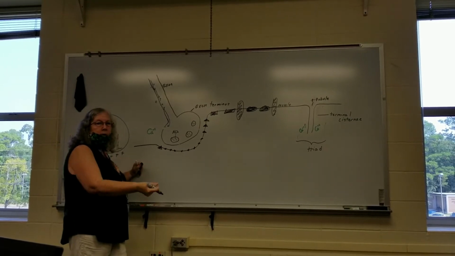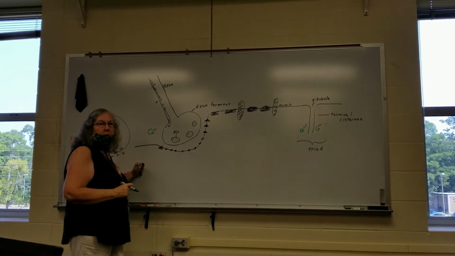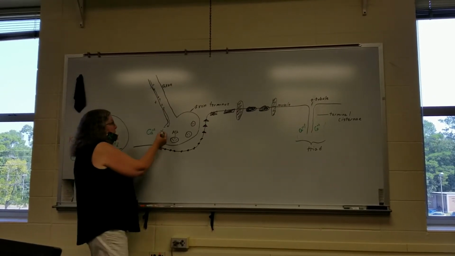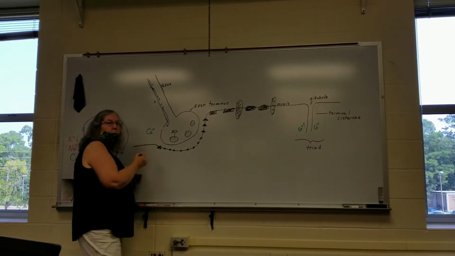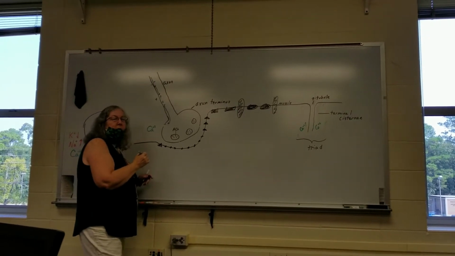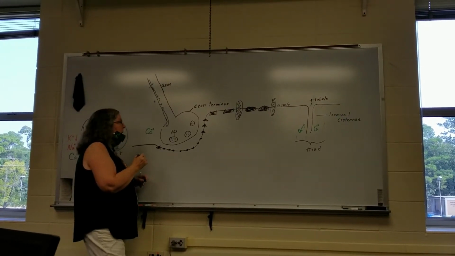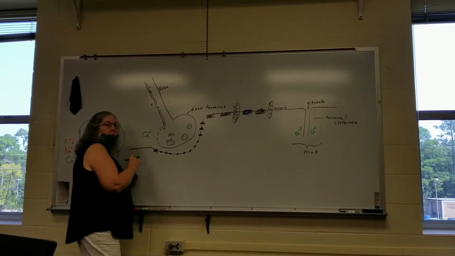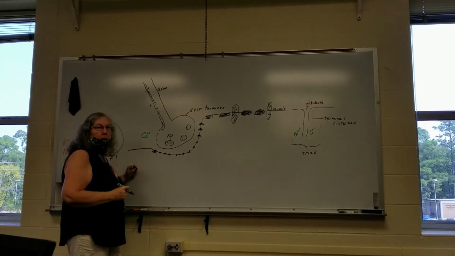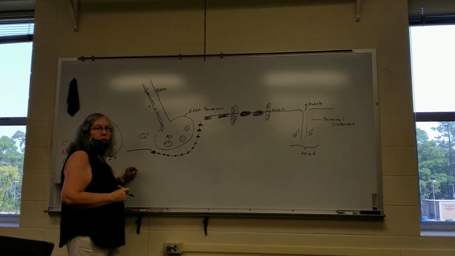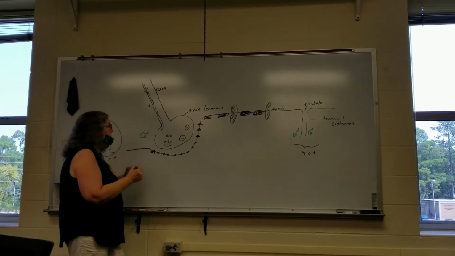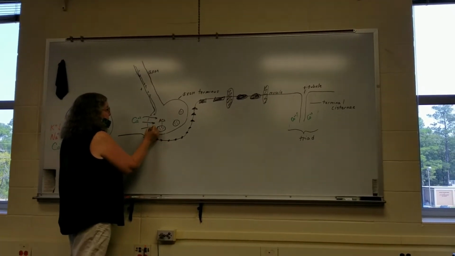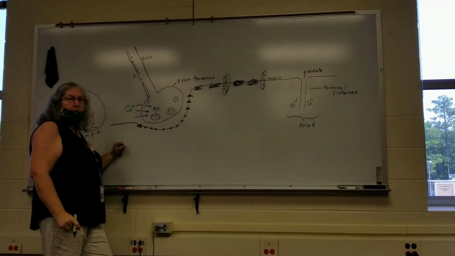It's like someone just came in and opened the latch on a gate, or just opened the door. Well, if you open the door, and these gates are specific for ions, in this case it's specific for calcium. So if you start opening the gates for calcium, calcium is higher outside the cell than inside the cell. So diffusion says, where does the calcium go? Calcium is going to flow into the axon.